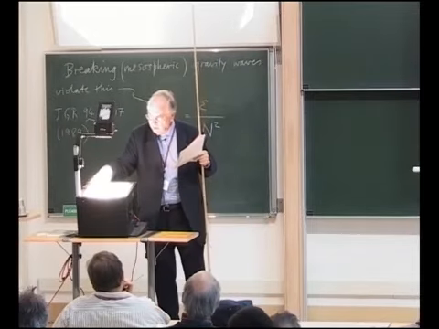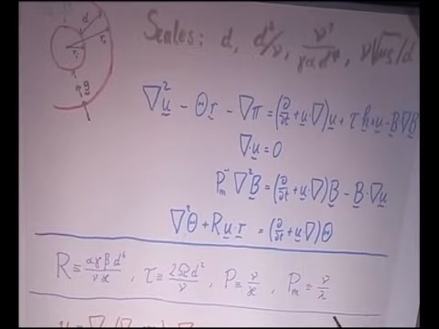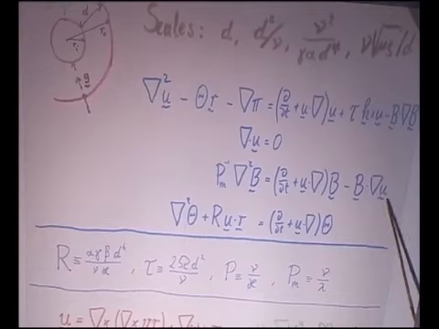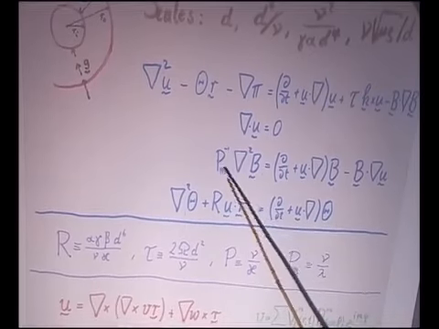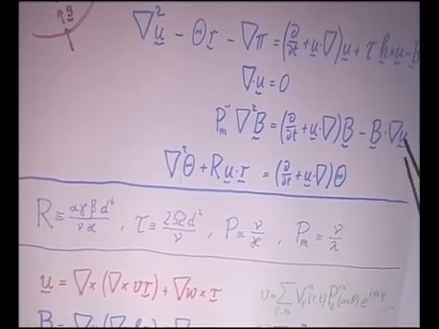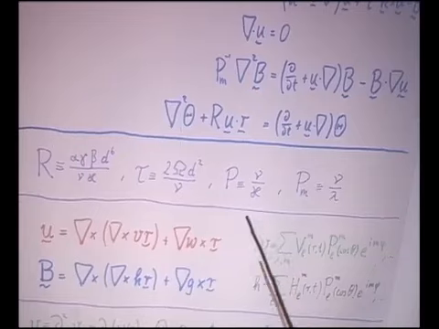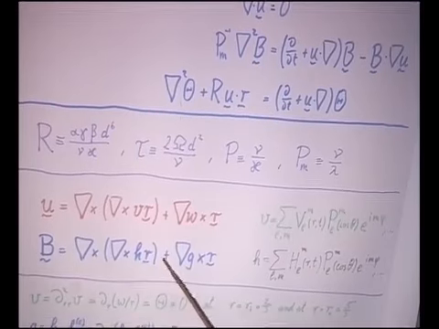But now let's go to the dynamo case. We have the same equation as before. There's one more parameter here, and that is the magnetic Prandtl number, where the magnetic diffusivity is in the denominator, and this magnetic Prandtl number appears here in the induction equation for the magnetic field.